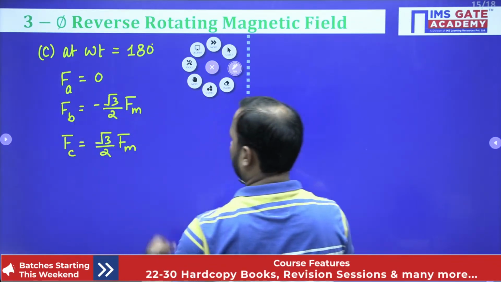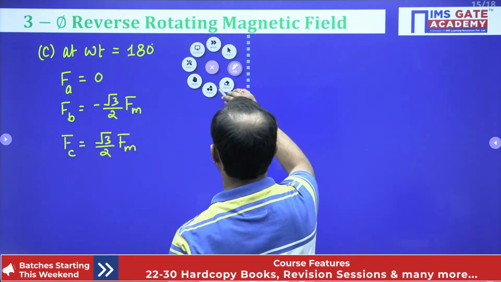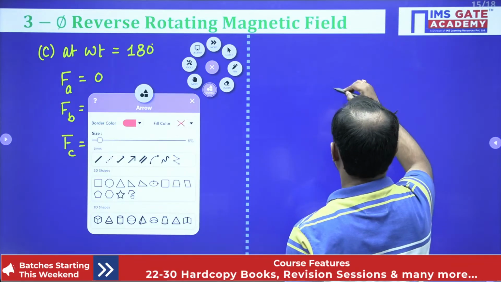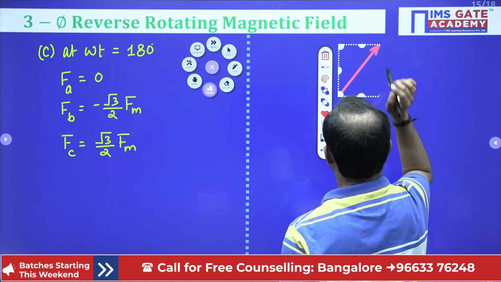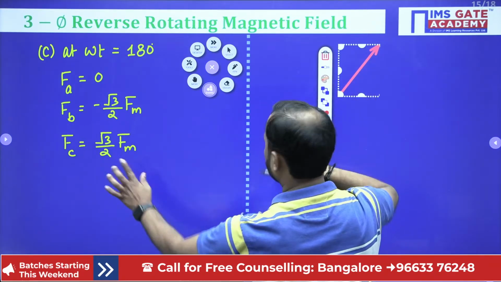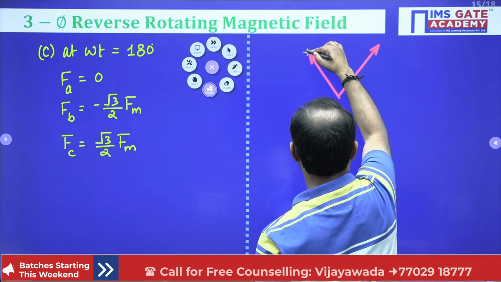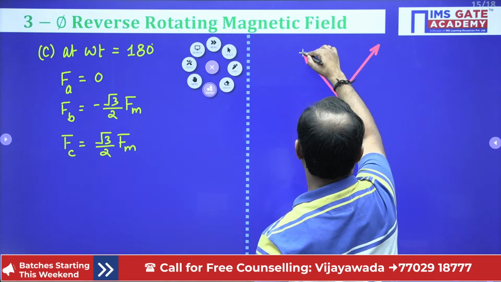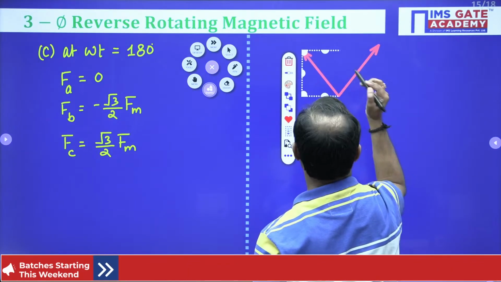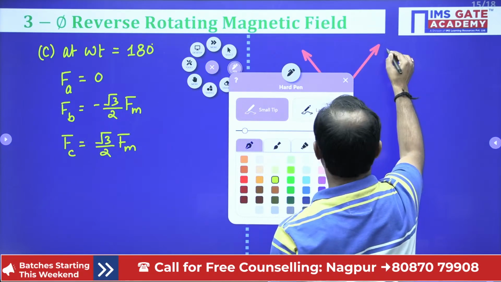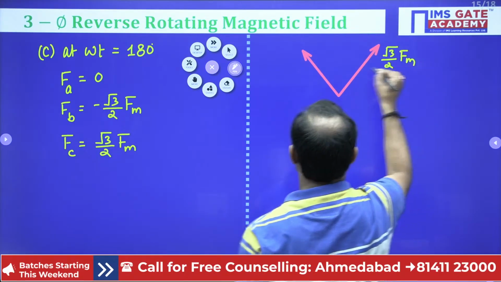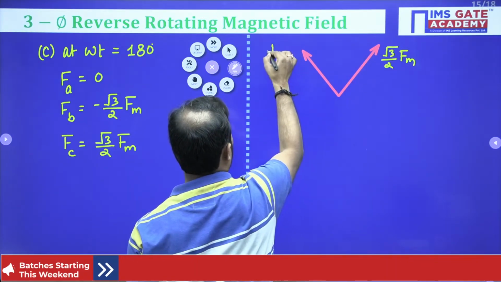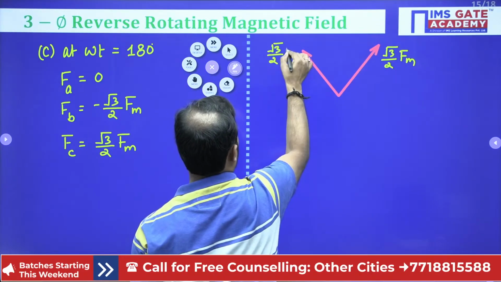Done. So here Fa is 0, Fb is negative. So opposite. Let us make it opposite. And your Fc is positive. So in the same direction we will have to draw. So this is root 3 by 2 Fm and this Fc is root 3 by 2 Fm.